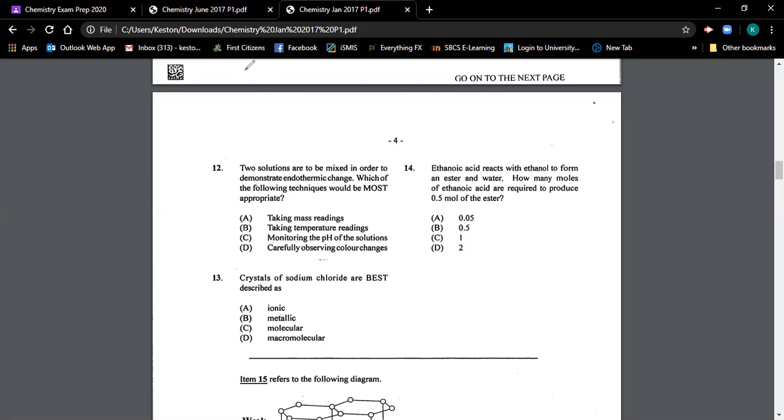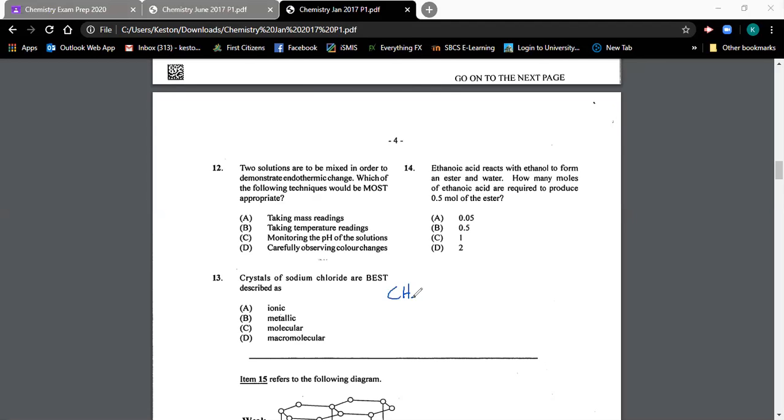B. That's correct. Right? The reaction is CH3COOH, the ethanoic acid, and ethanol here is C3H7OH. I ran out of space, so I'll just put it here.